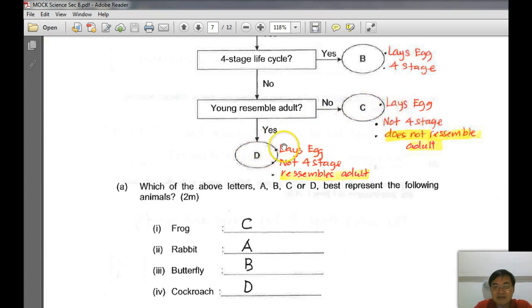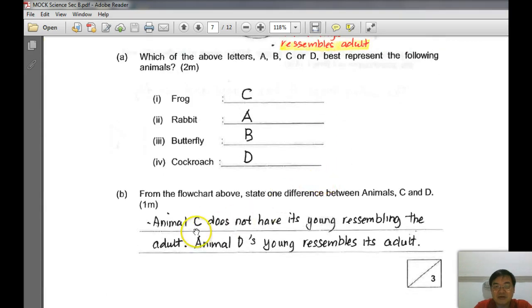Lays egg, same, lays egg. Not 4-stage, not on the fourth stage life cycle. Now the only difference is this one does not resemble the adult, and this one resembles the adult. No other way, only this answer, right? So animal C does not have its young resembling the adult. Animal D's young resembles its adult.